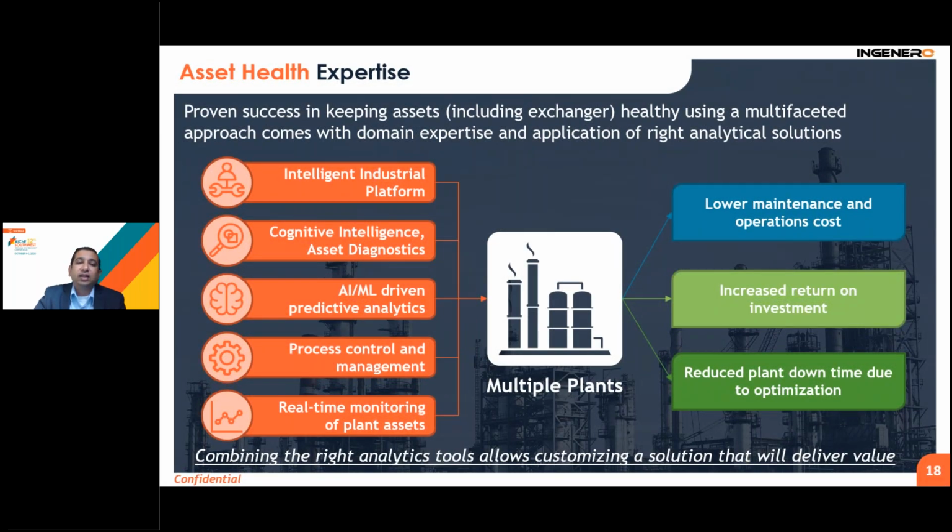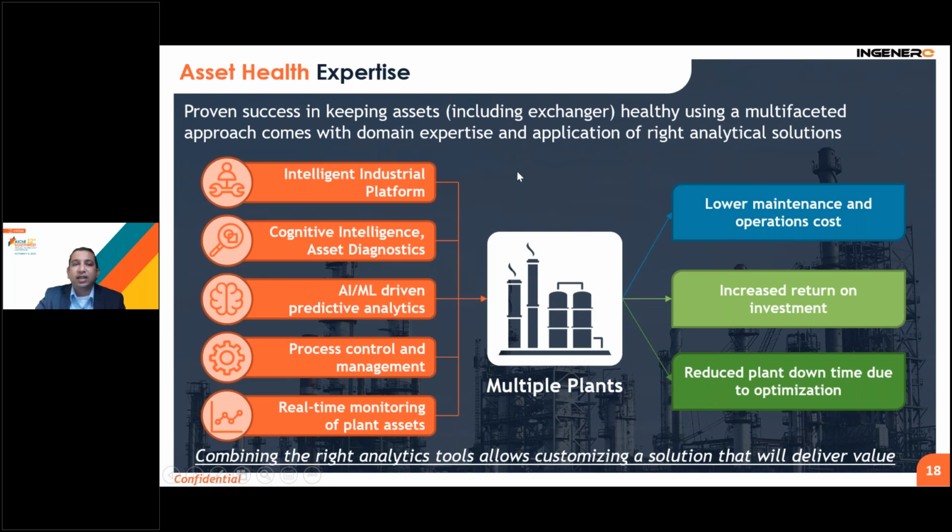Asset health is a very important aspect for every process industry. It not only helps in lowering the maintenance cost and the operation cost, but it also helps in reducing plant downtime and leads to optimization of the overall process.